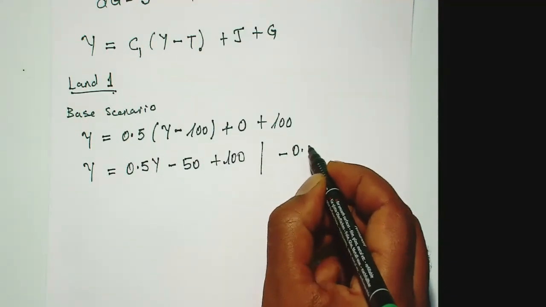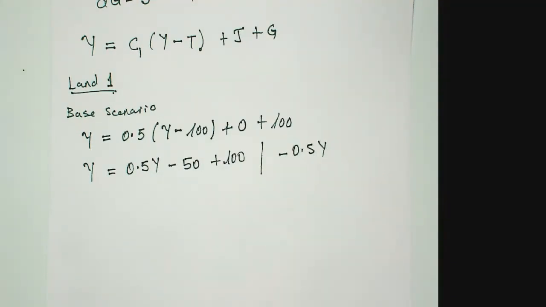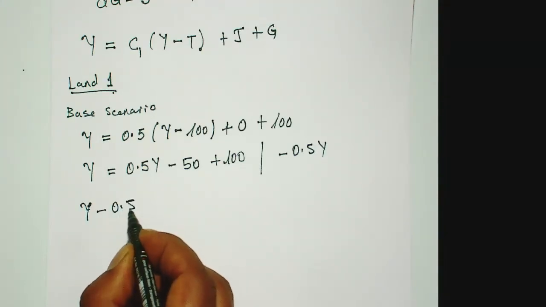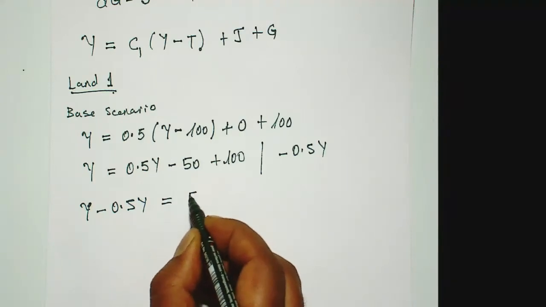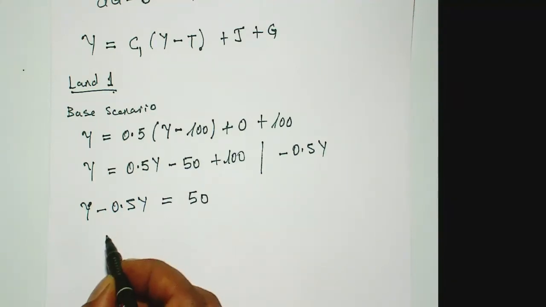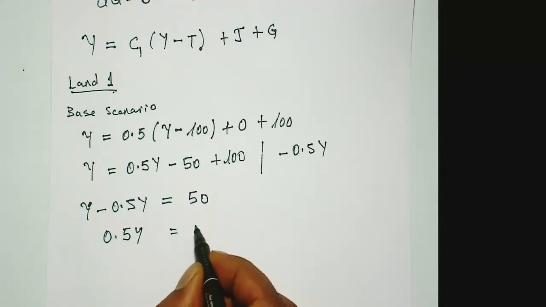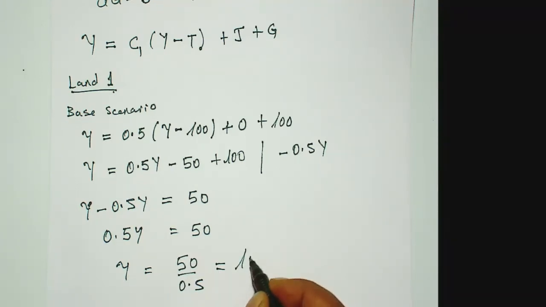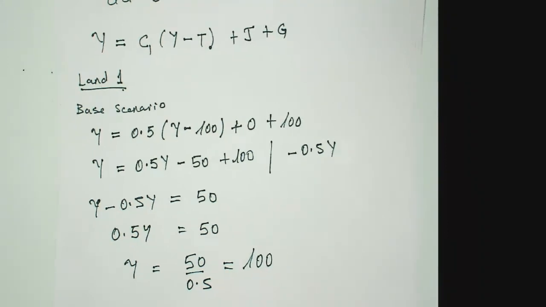So if I subtract 0.5Y from both sides, I would have Y minus 0.5Y would give me 50. And here again I would have 0.5Y would be 50, where Y would be equal to 50 divided by 0.5, which would be 100 units.